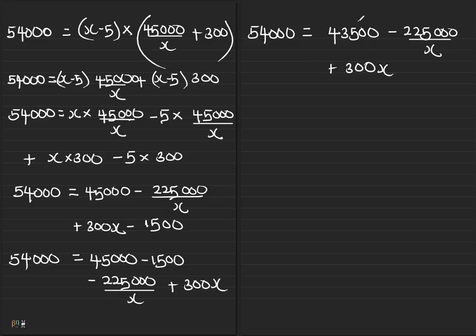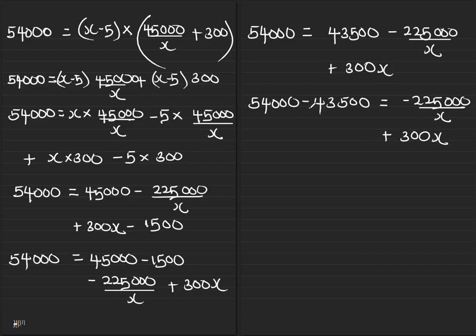We can then choose to bring this to the left hand side, so that we have 54,000 minus 43,500, and that is equal to a negative 225,000 over x plus a 300x.